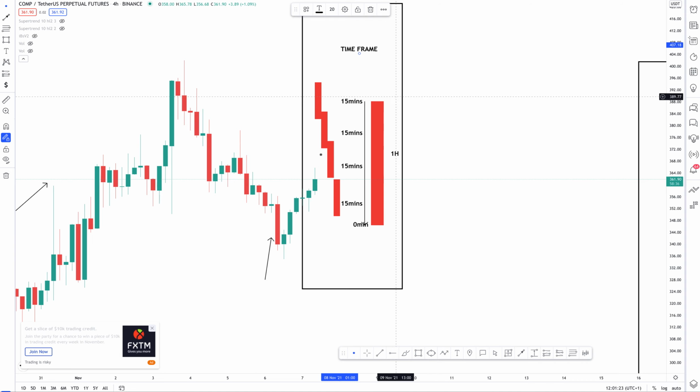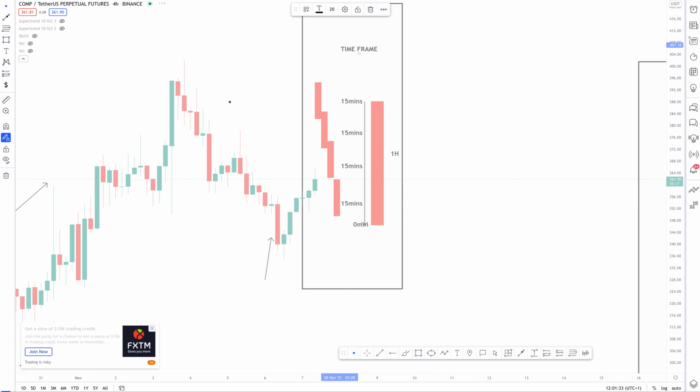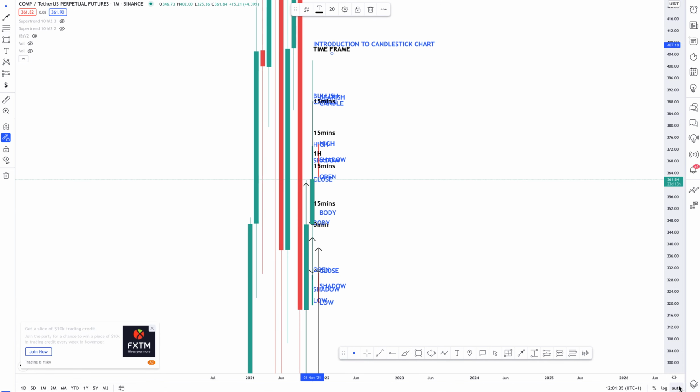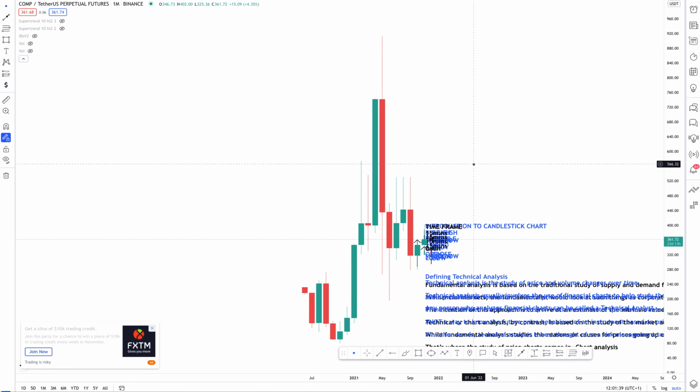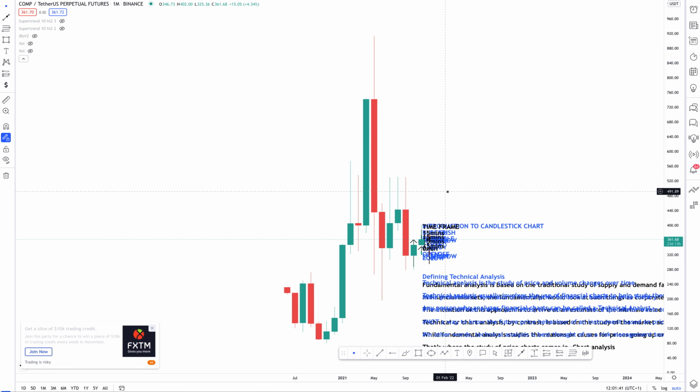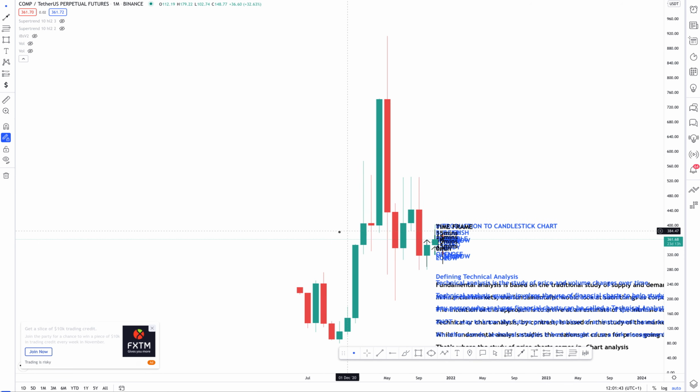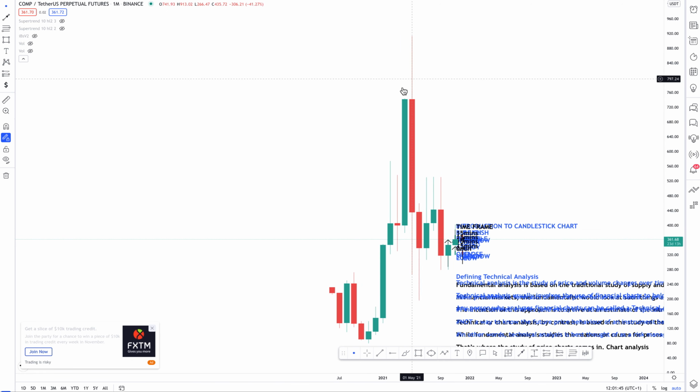Now, if you're using a 15 minutes chart... let's do something. This is a monthly chart. Now you can see what it looks like. This is a monthly chart of this particular asset.